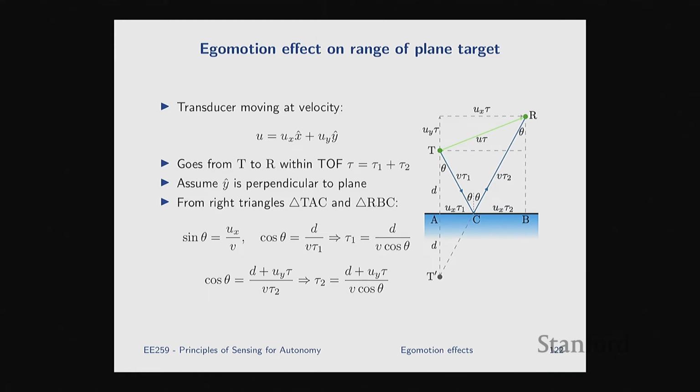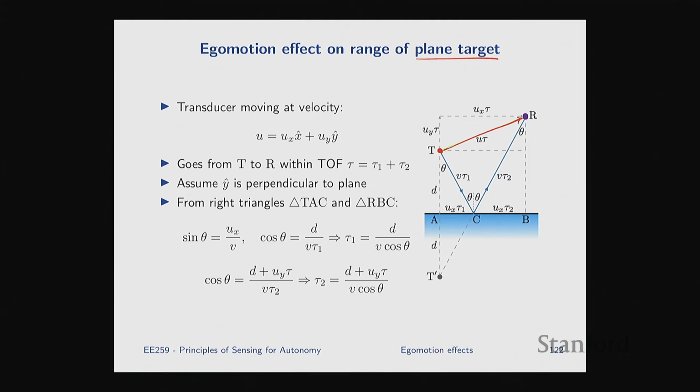Basically, we look at different types of targets, starting with the plane, okay, and we assume there is a transducer that is moving at some velocity u. So at the time of transmit, it's at this position highlighted in red, and by the time it receives the echo, it's at this purple position. So it basically moves by this much from the time it transmits the wave to the time it receives the echo.